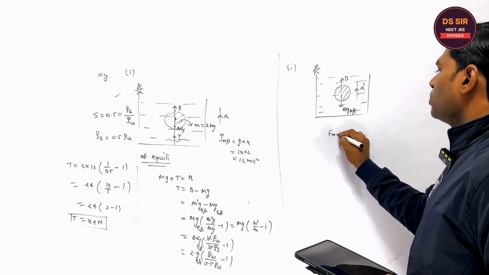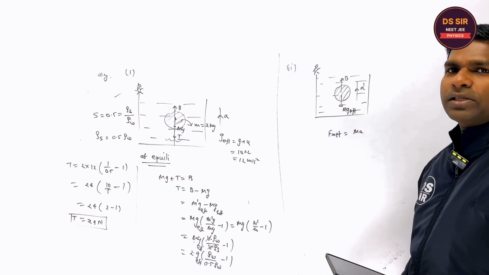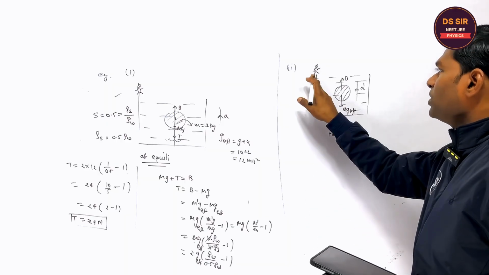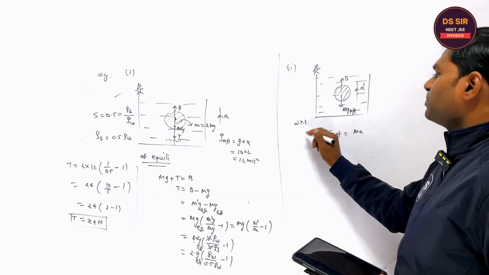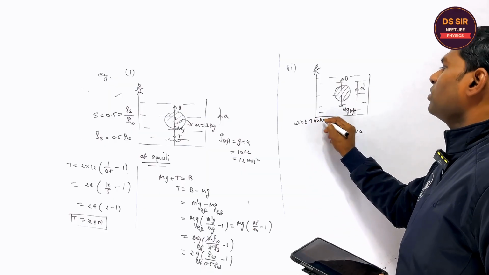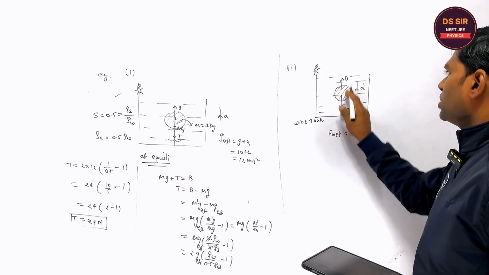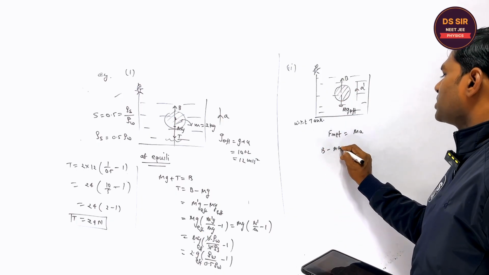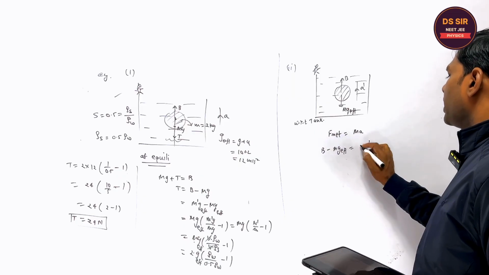So the net force is equal to what? m into a. What is the net force you will say? Tell me. I am making this figure with respect to tank. Are you getting or not? With respect to tank, what is the net force? Buoyancy force minus mg effective is equal to m into a dash.